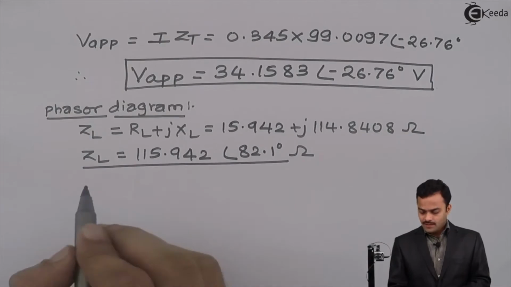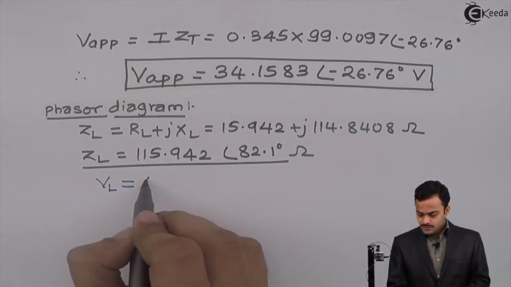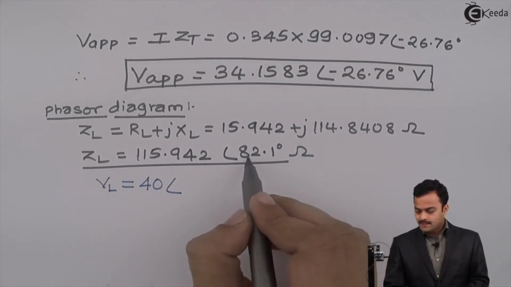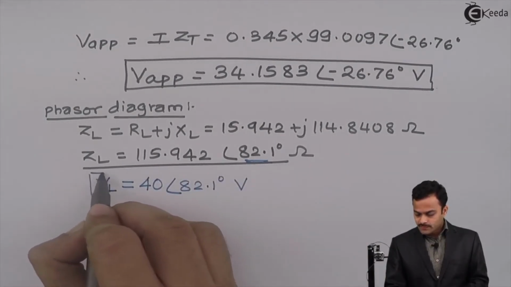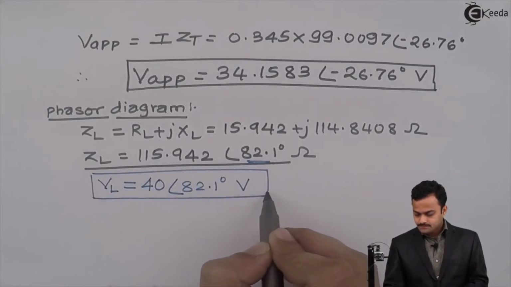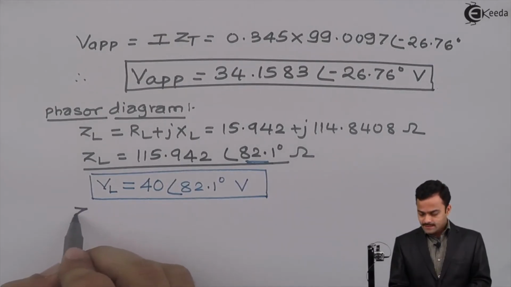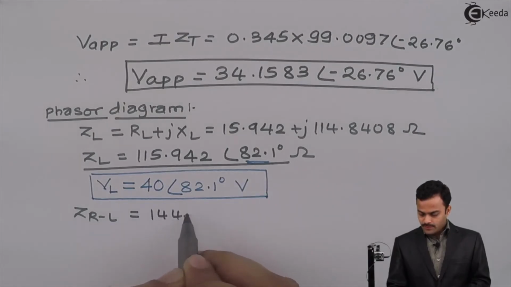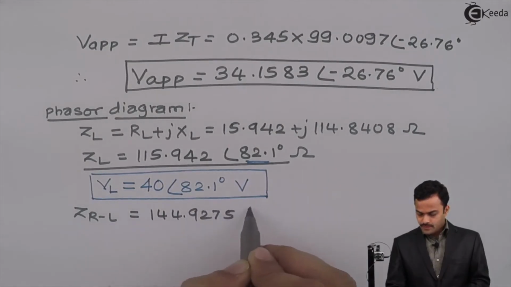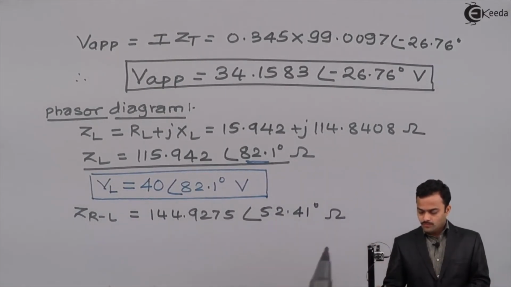So I can say now the voltage across the inductor, the value is given as 40 volt. So it is 40 at an angle 82.1 degree volt. So this will be the phasor of VL. Next, let's see what is ZRL, which we have already obtained as 144.9275 at an angle 52.41 degree ohm.